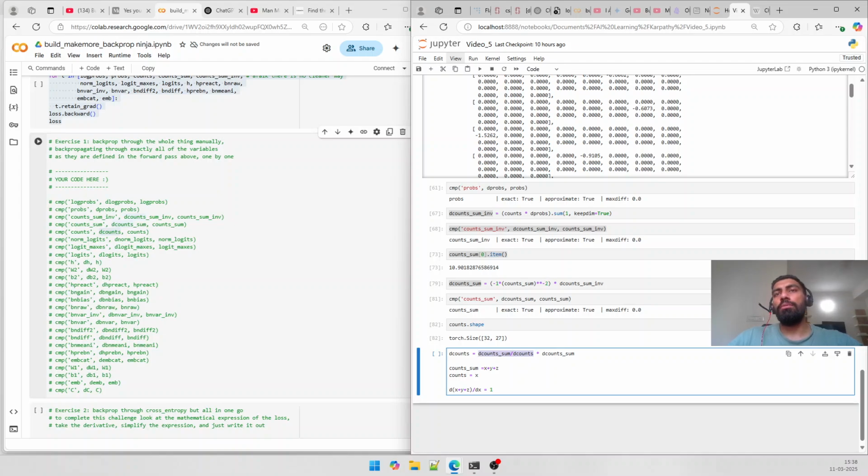The same will get percolated there, but I think then we need to broadcast it because it has to come in this shape.